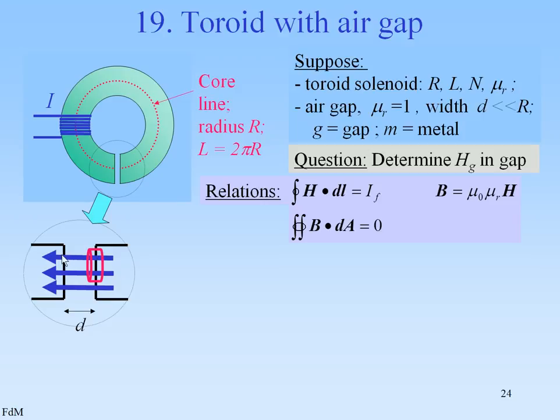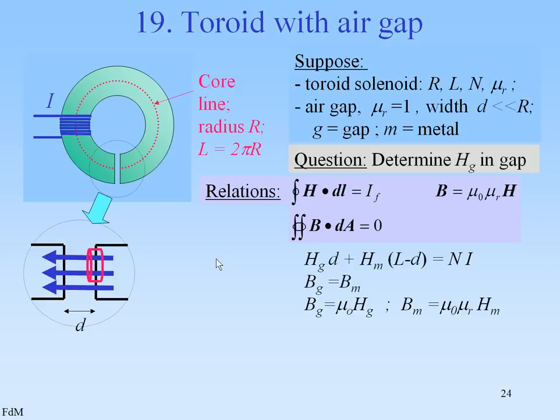The distance between these two metal surfaces is d. Ampere's law will deliver us Hg times d plus the integral over the path, that is Hm in the metal times L minus d, is N times I. That's the current that is enclosed.